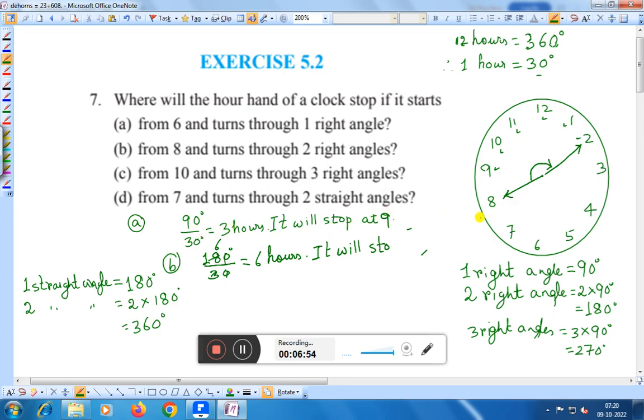From 6, 7, 8, 9. That means 3 hours, it will stop at 9. And question number B: 180 by 30, that is 6 hours, it will stop at 2, right? It will stop at 2.